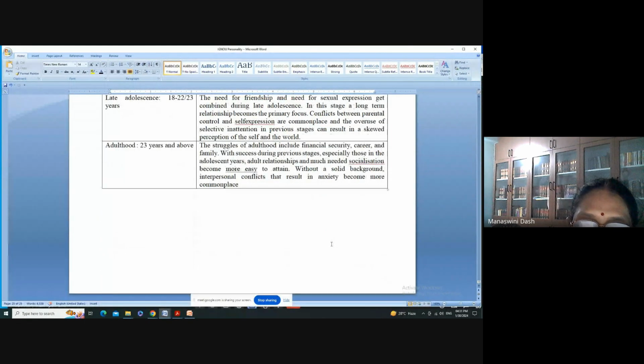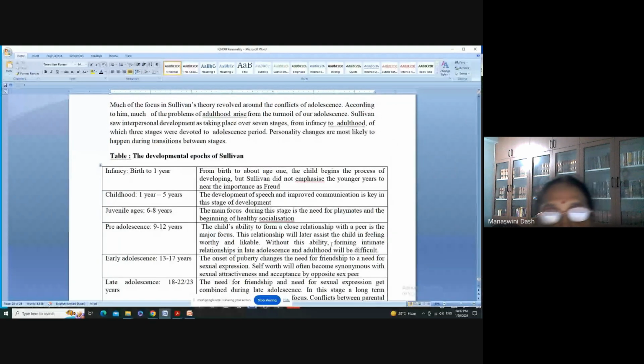So we can see that Sullivan has some similarity with Freud and some differences with Freud. What are the similarities? Like Freud, Sullivan also believes in the importance of childhood experience.